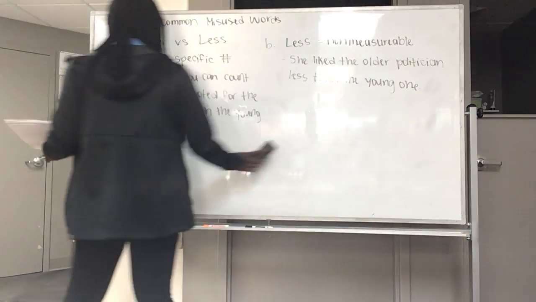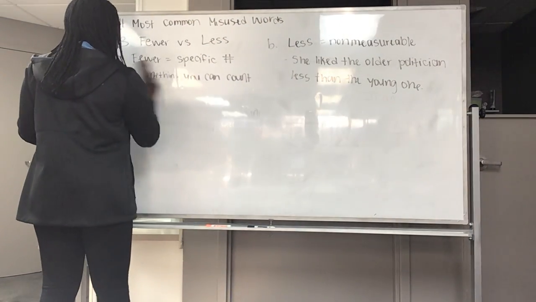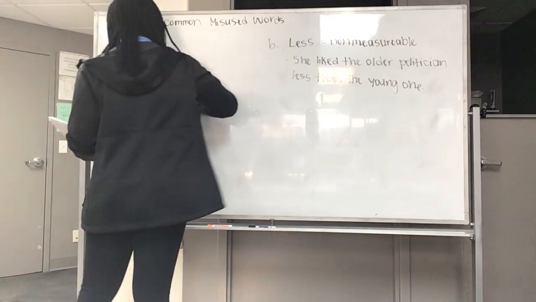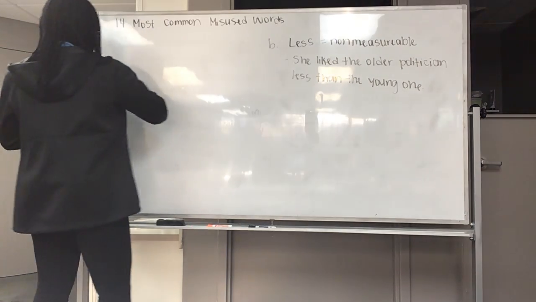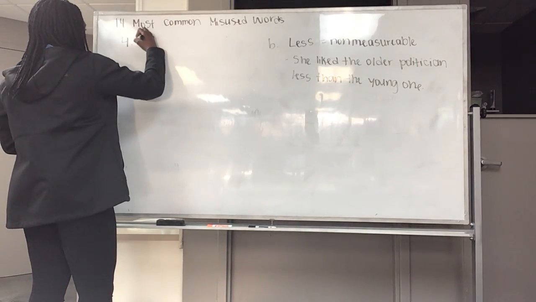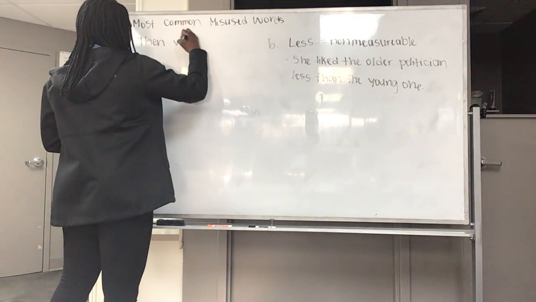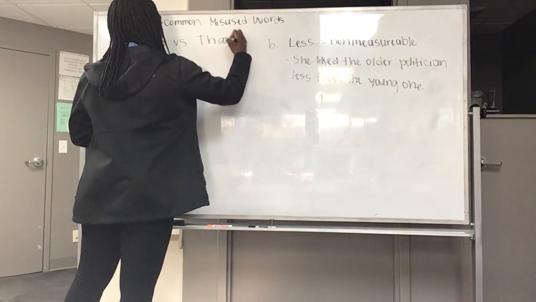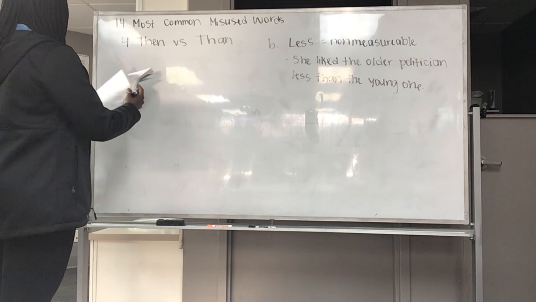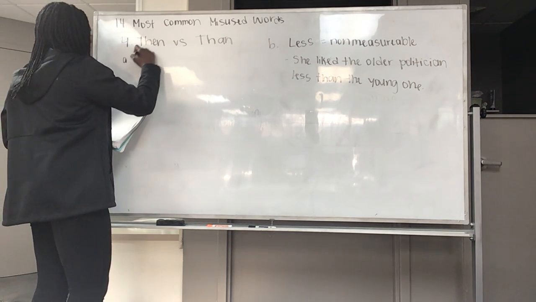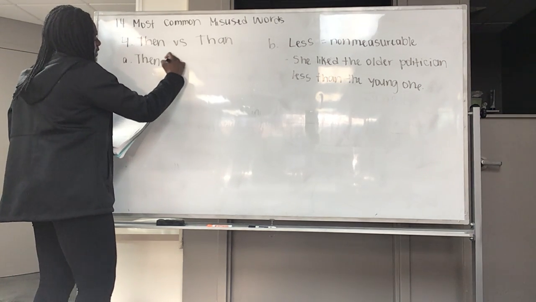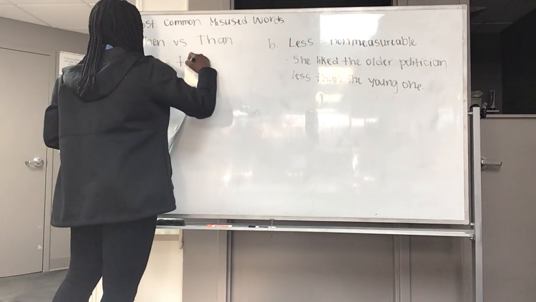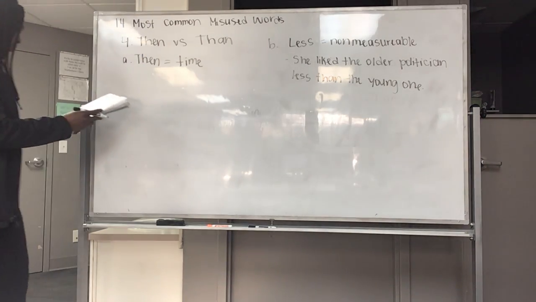All right, number 4 is than with an E versus than with an A. So when we talk about then with an E, that's usually in relation to time.